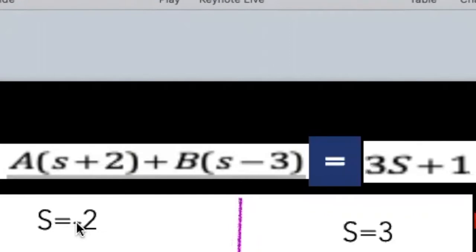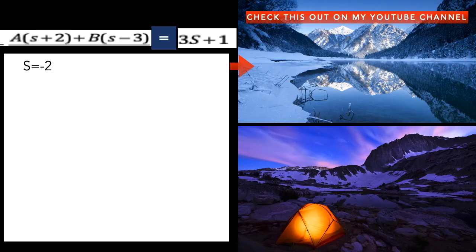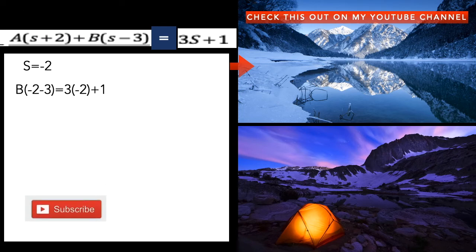Substitution: when s equals negative 2, replace negative 2 here, here, and here. So we have a, and then minus 2 plus 2, that's 0, so this will be gone. So you have minus 2 minus 3 here. So b times minus 2 minus 3 equals 3 times minus 2 plus 1.